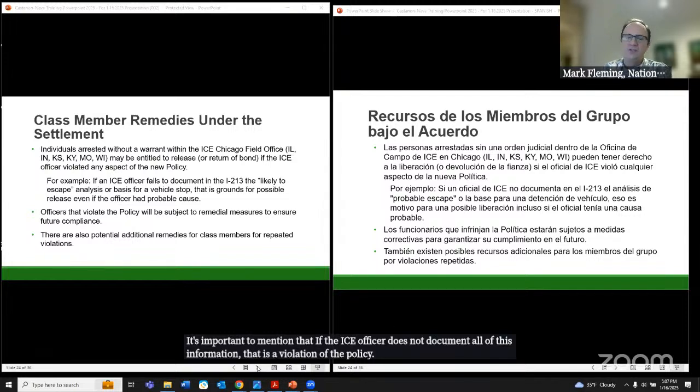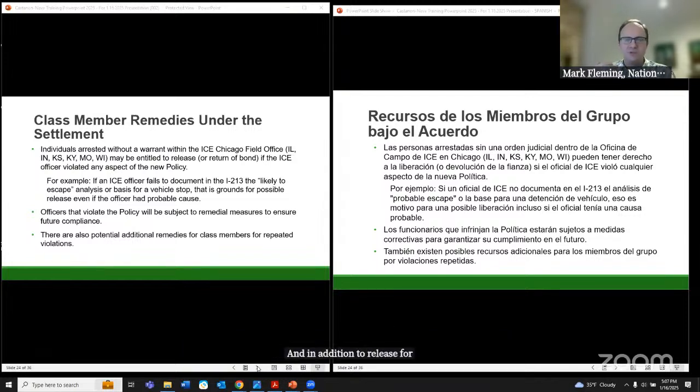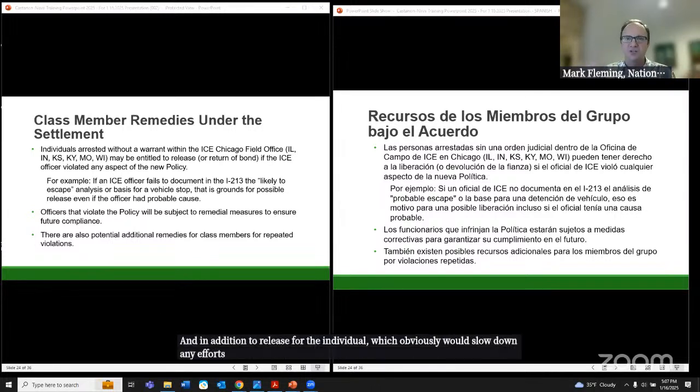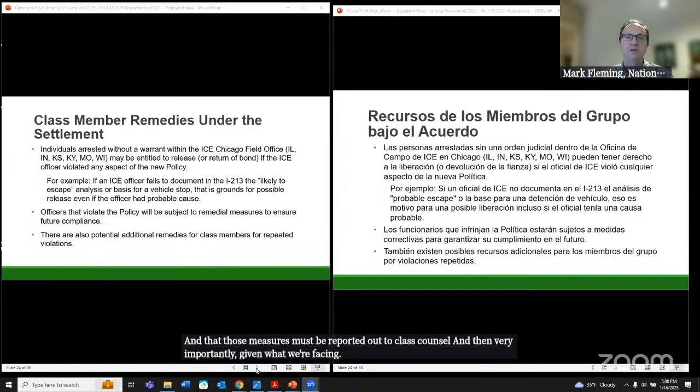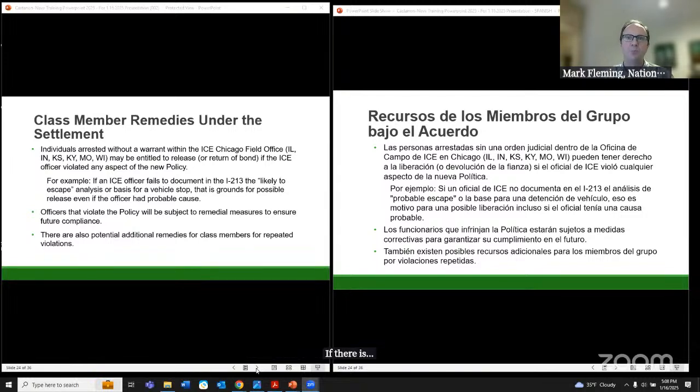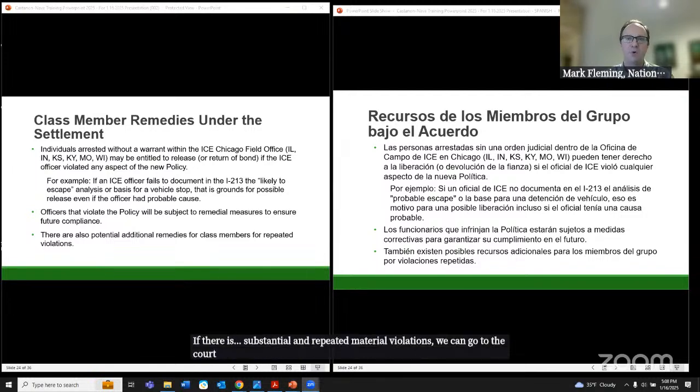And in addition to release for the individual, which obviously would slow down any efforts by the incoming administration to summarily remove people, officers who violate the policy must be subject to remedial measures by ICE, and those measures must be reported out to class counsel. And then, very importantly, given what we're facing, if there are substantial and repeated material violations, we can go to the court to seek many other equitable remedies if we see systemic violations of the policy. Next slide.